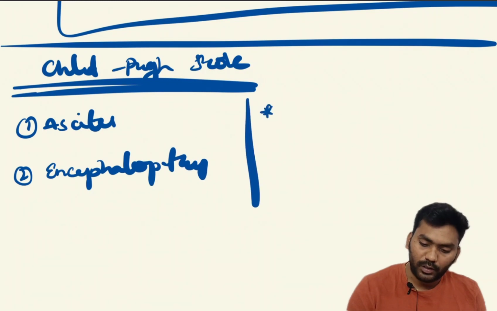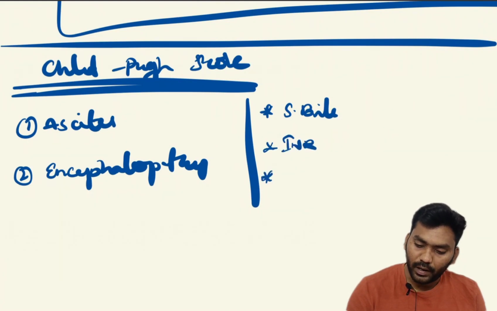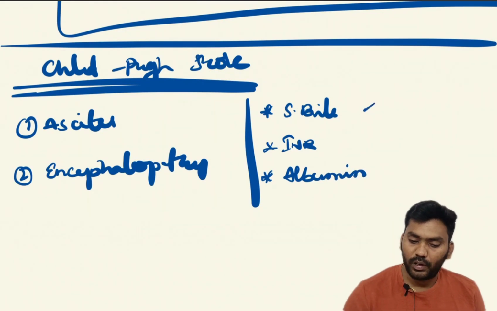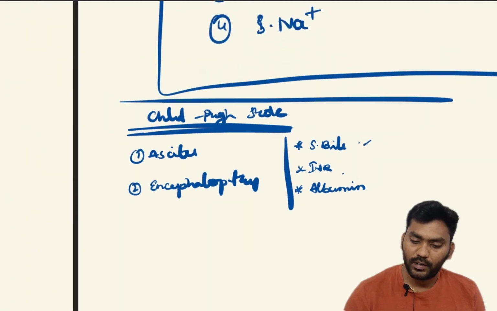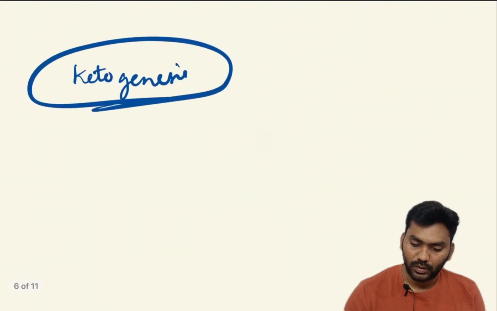And in the lab we will use serum bilirubin, INR, and albumin. Okay, we will look at serum albumin, INR, and serum bilirubin.